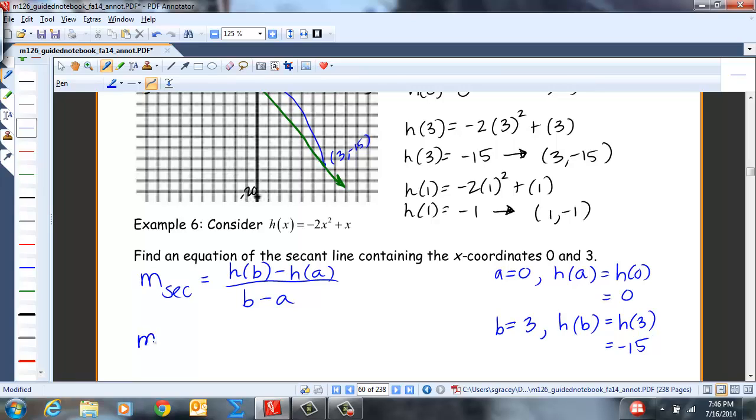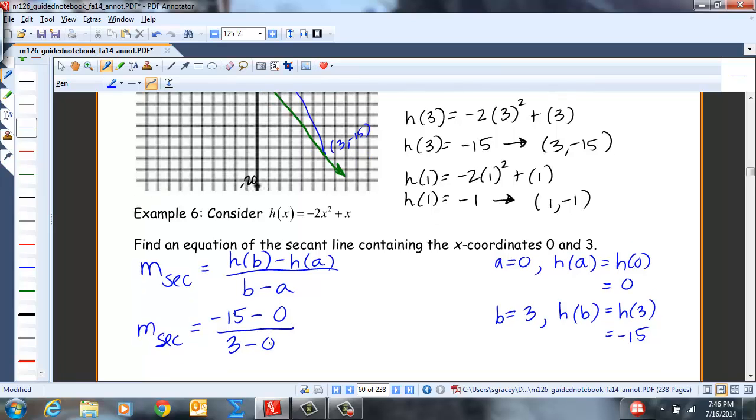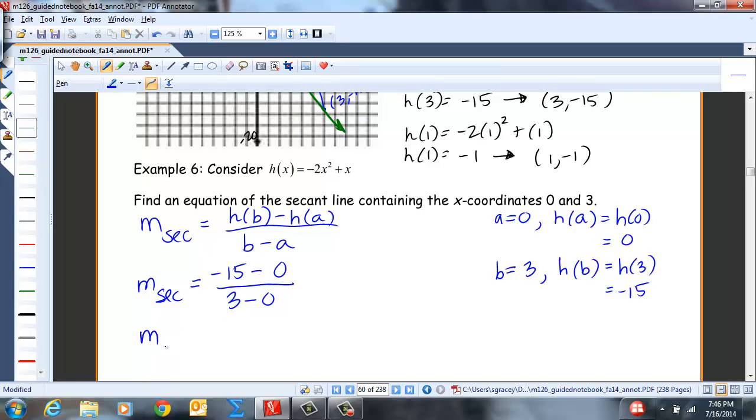So the slope of our secant line will be h of b, which was negative 15, minus h of a, which was 0, divided by b minus a. So the slope of our secant line is negative 15 over 3, which is negative 5. Okay, so far?